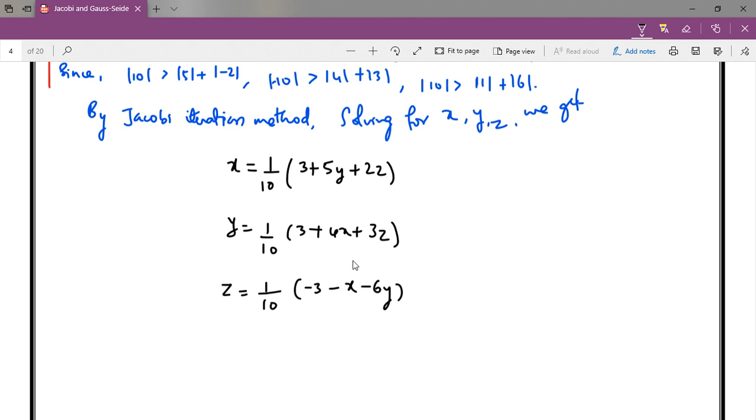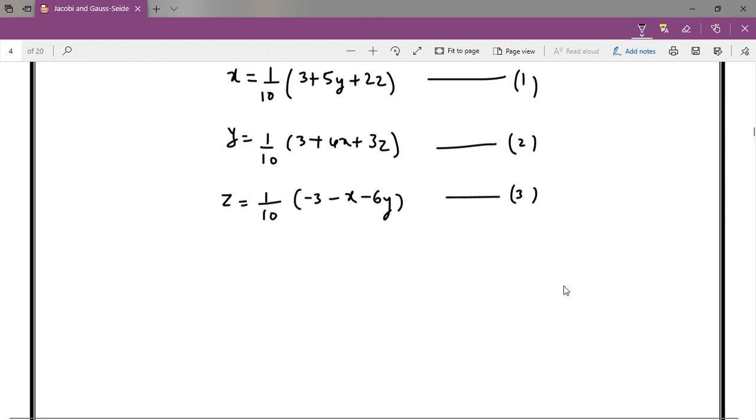Okay, after this step the iteration process starts. Say this is equation 1, this is equation 2 and this is equation 3.